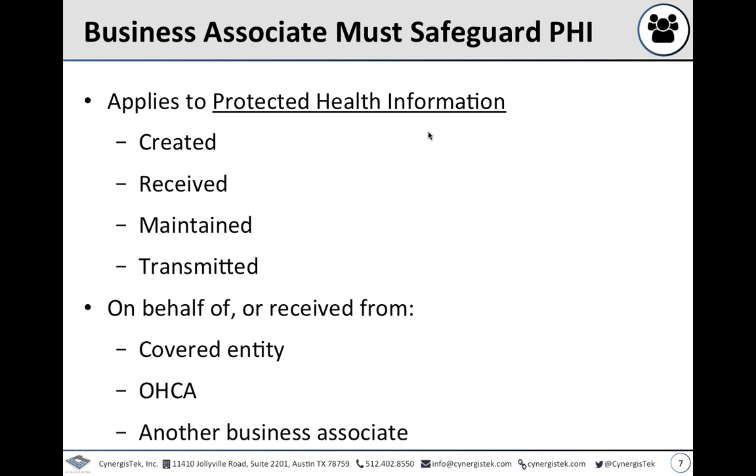It's in printed material, it's images that are created in X-ray, laboratory data, so long as it's created, received, maintained, or transmitted by or on behalf of the covered entity, an OHCA, an organized healthcare arrangement, or another business associate.